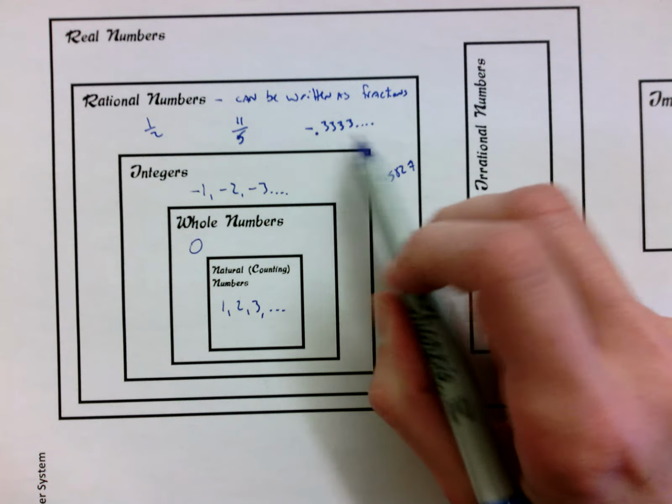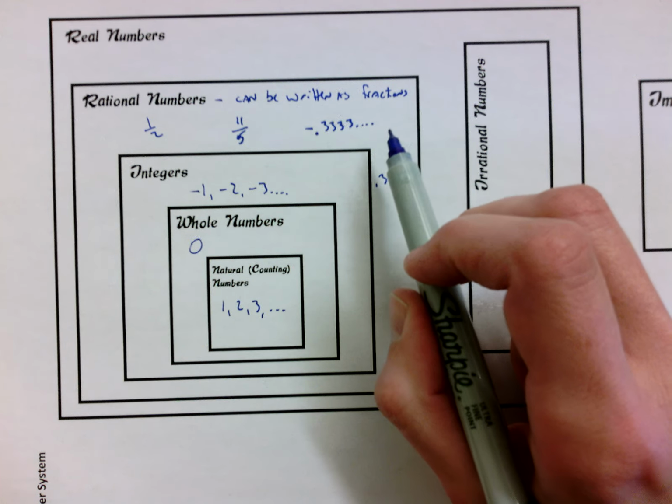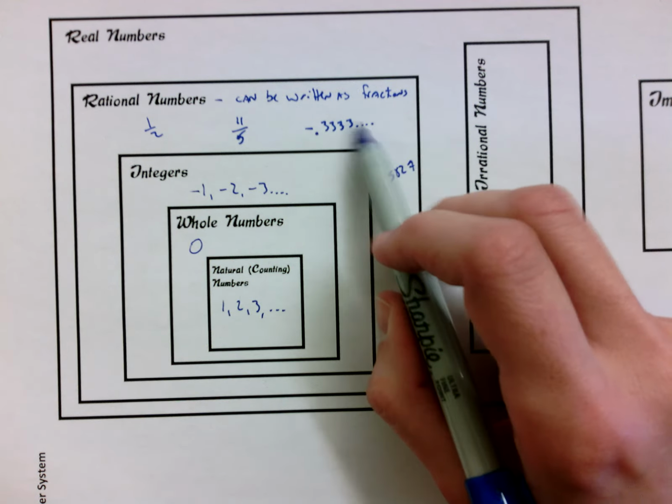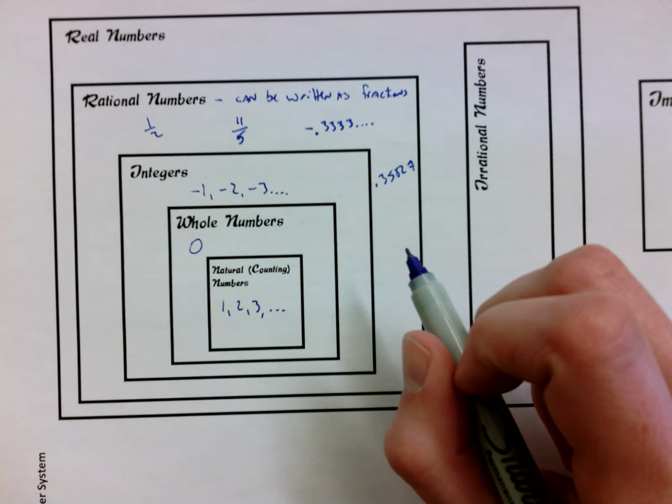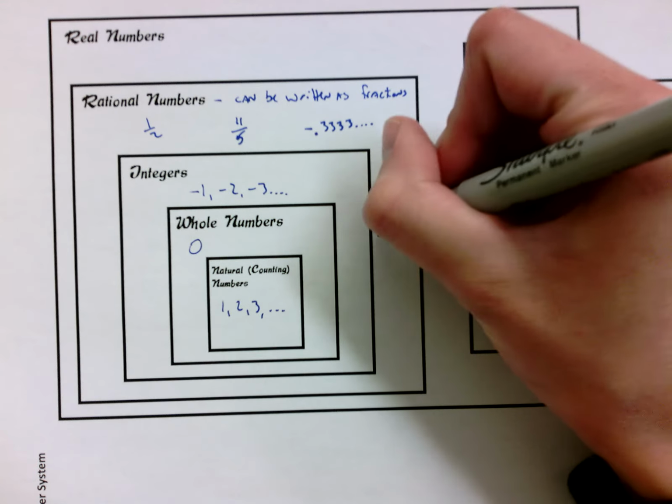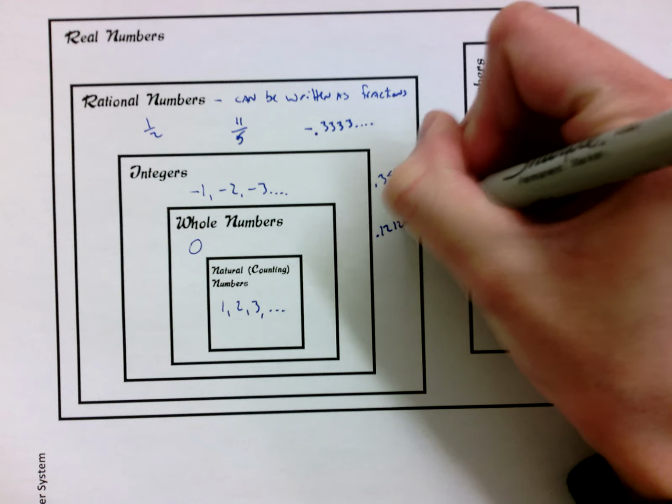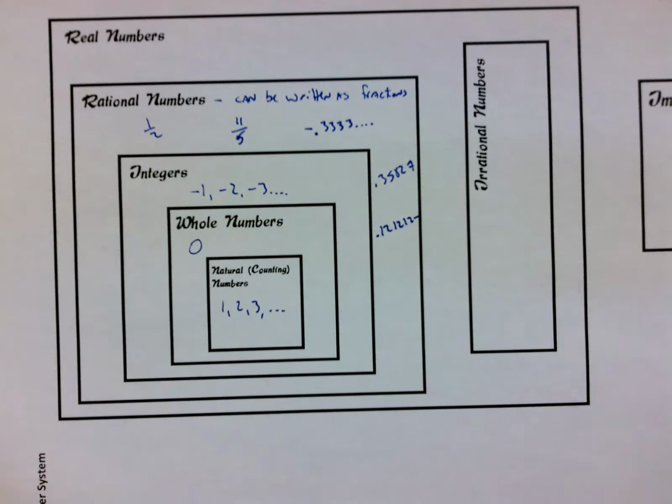Or if it's a decimal that goes on forever but has some sort of a repeated pattern. So this one is obviously just threes over and over. Or if we had something like 0.12121212, going on forever, that's got a pattern to it. So it's possible to write that as a fraction. We're not going to get into how, but it is possible.